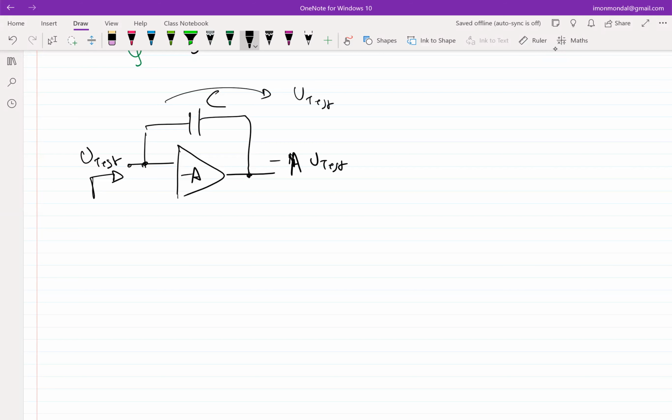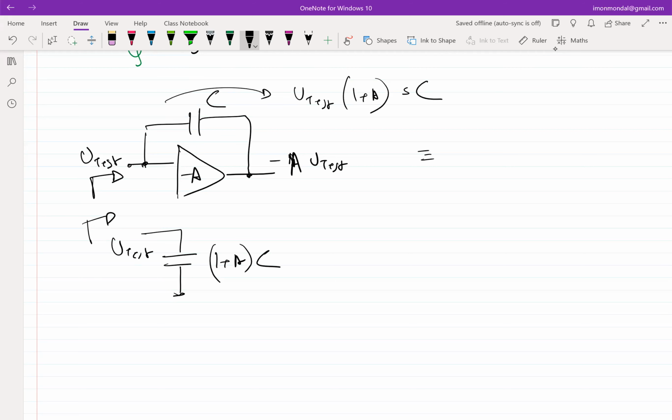It is V test times 1 plus A times sC. So this almost behaves like looking in through here, I have a capacitance of value 1 plus A times C. If you apply a V test here, the current will be 1 plus A times sC.